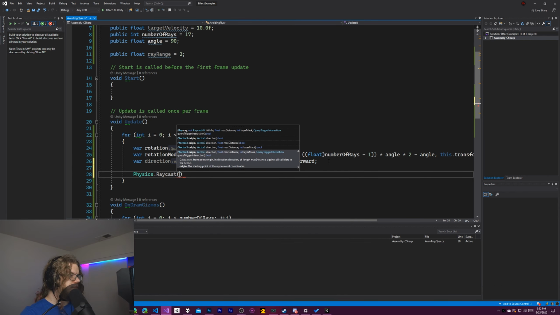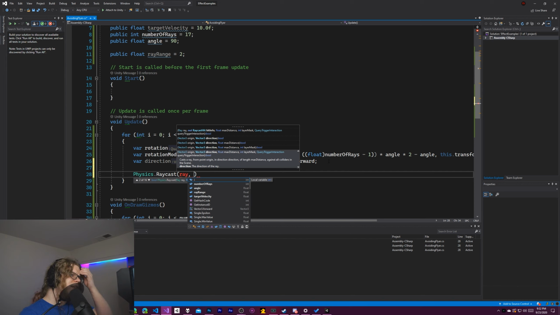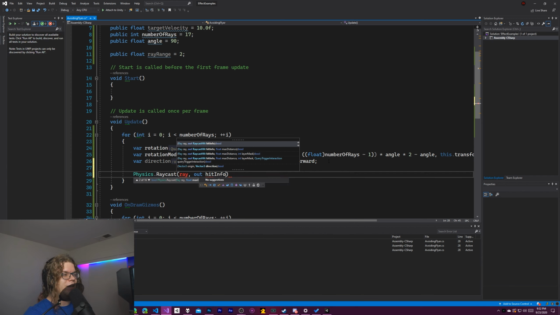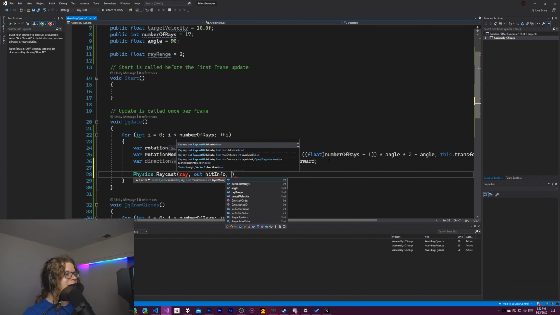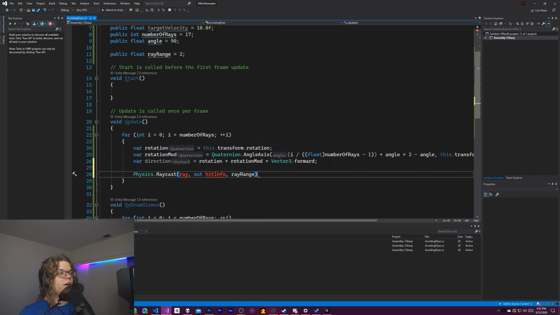So let's just Physics.Raycast along a new ray. And we'll take the, do we even need the hit info? I don't think we do. We could take it, I guess. So let's just grab it because why not? And then the max distance is our ray range, and that will be our raycast.